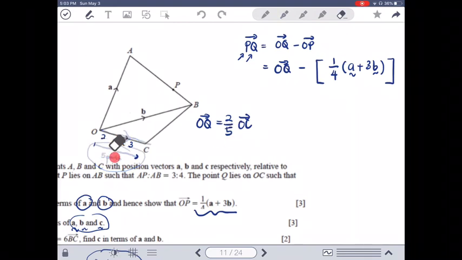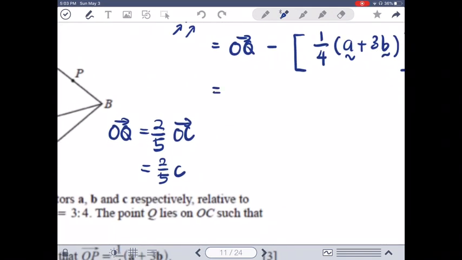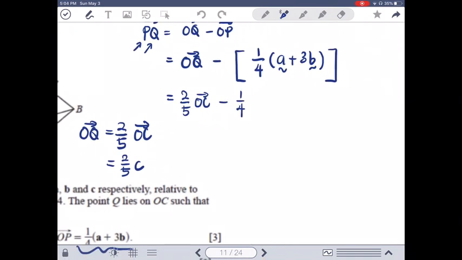And we know that OC is just C. So 2 over 5C. So which means that OQ again is just 2 over 5 of OC minus 1 over 4 A plus 3B. I just copy down the vector.